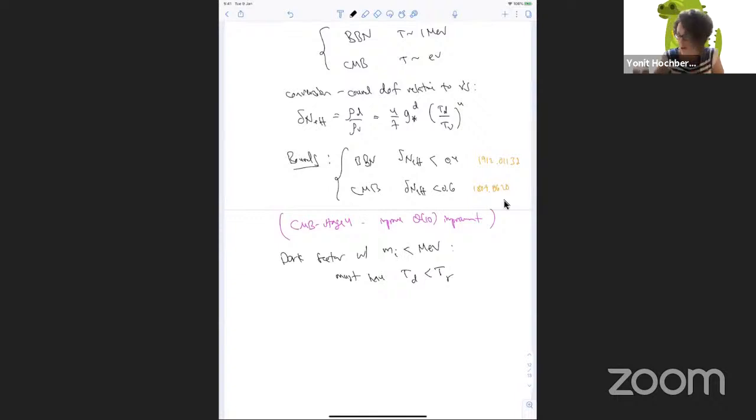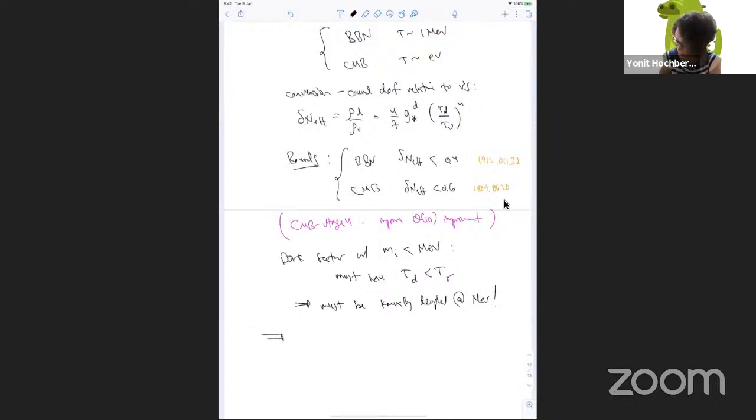Put another way, if the temperatures are different, that means these sectors have to be kinetically decoupled. They have to be thermally decoupled. Otherwise, they'd have the same temperature. So this must be kinetically decoupled at an MeV.